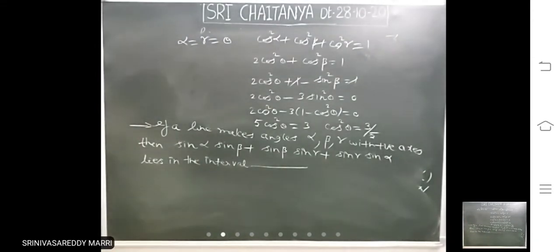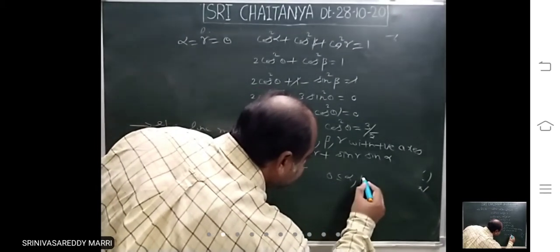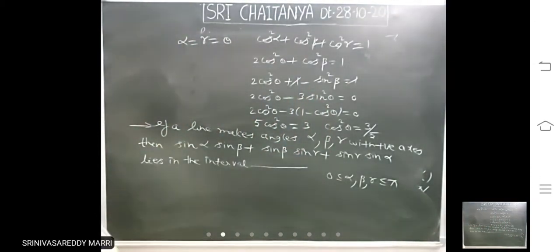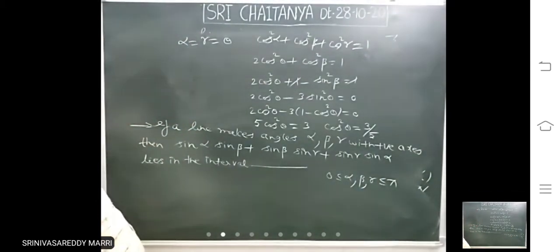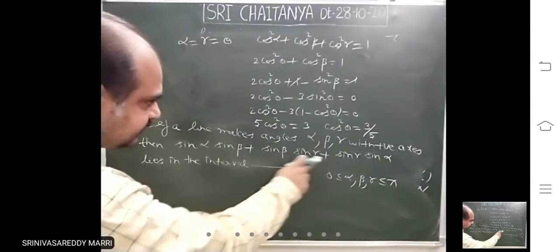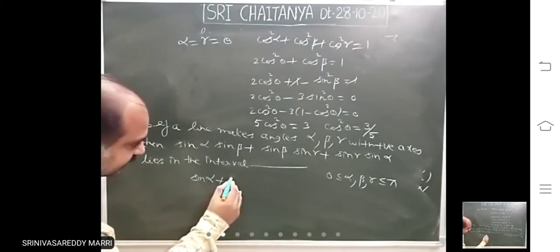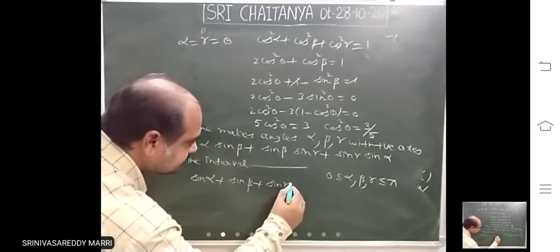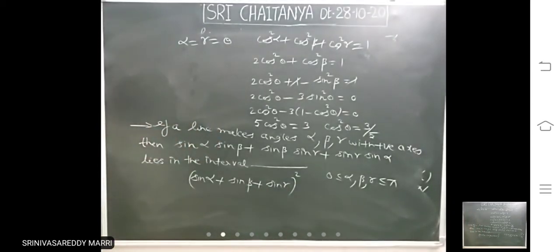Always, an angle made with x-axis always lies between 0 and pi. Now if you look at this product, for getting that one, you consider sine alpha plus sine beta plus sine gamma whole square.